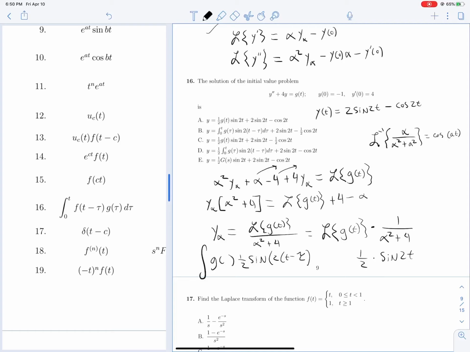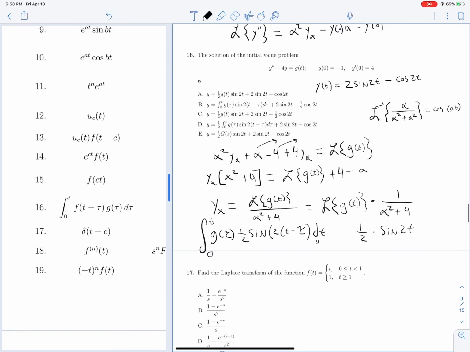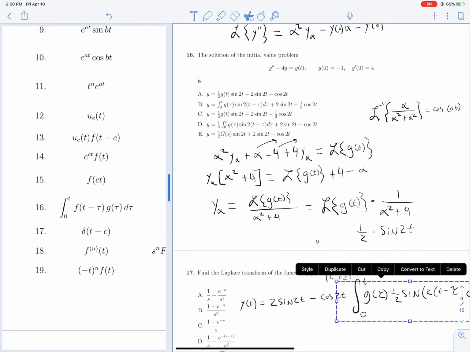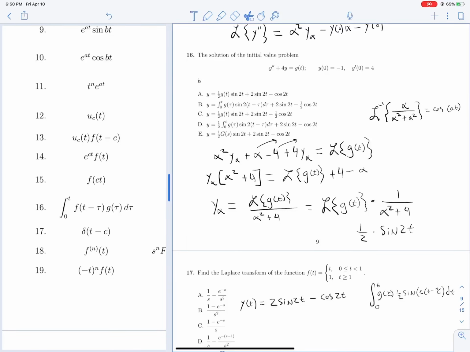This is a g of tau, if we want to be clear, integral from 0 to t. And this, okay, I'm going to need more space. I'm going to go use the next question's space. This right here is our solution, and they factor out the 1/2.